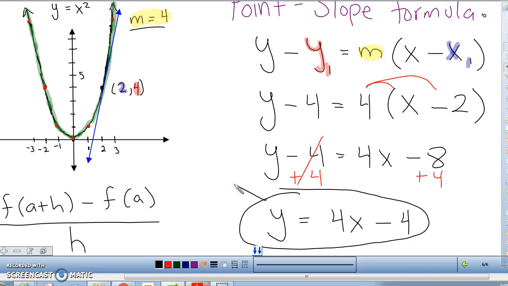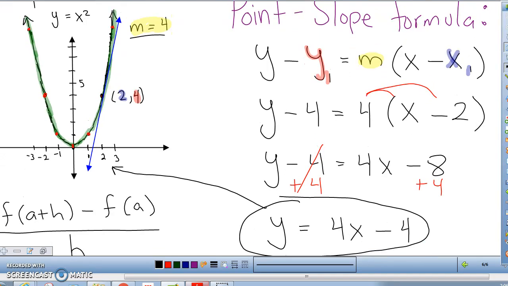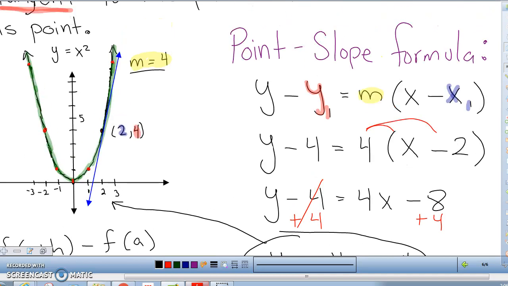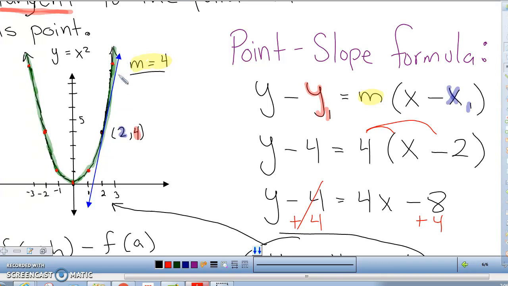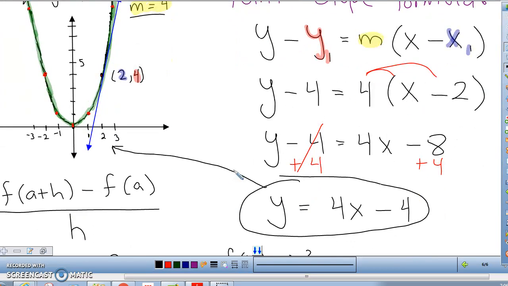This 4x minus 4 is the equation for the tangent line. So y equals 4x minus 4 is what the equation of this blue tangent line turns out to be. That's it for this video. The answer happens to be that right there.